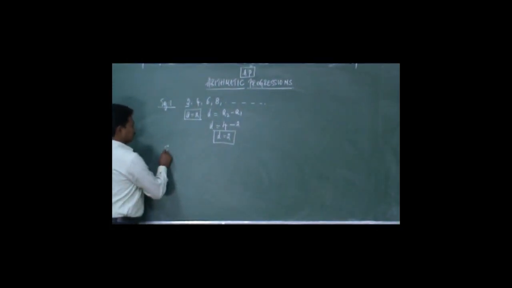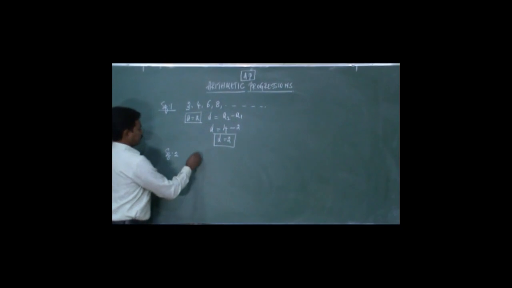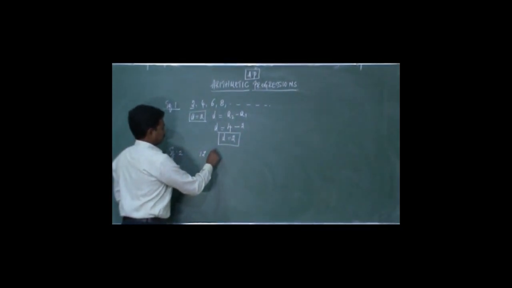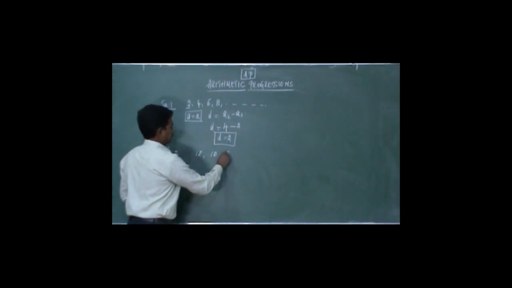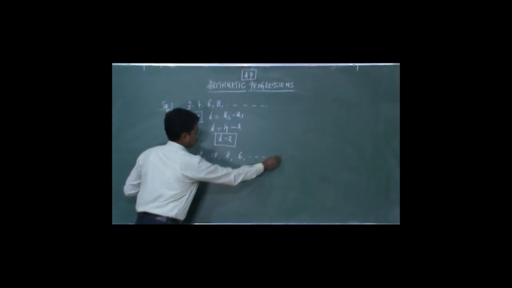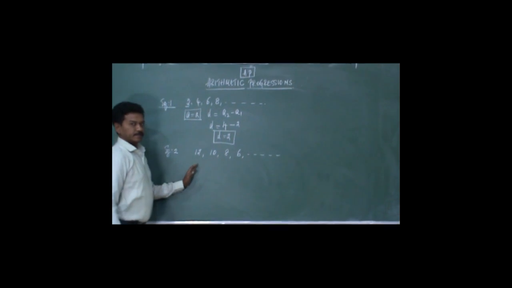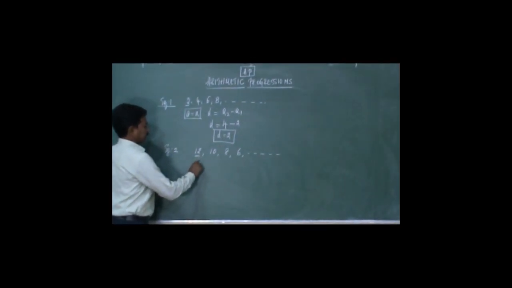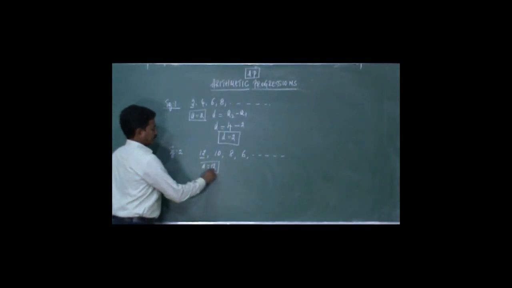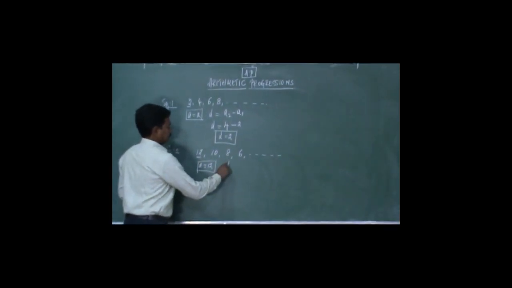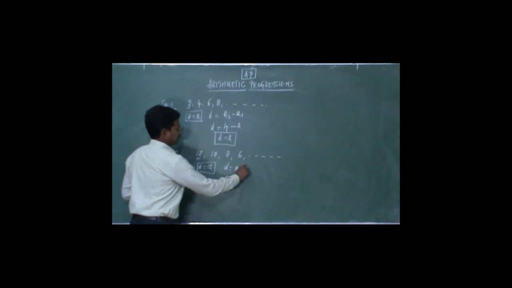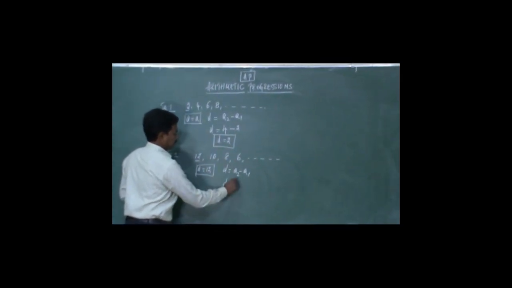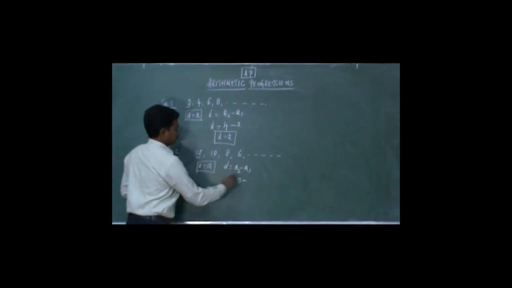Let us go with example 2: 12, 10, 8, 6, dot dot dot. So I have another AP here. In this arithmetic progression, by inspection we can write A is equal to 12, and let us find D. D is equal to A2 minus A1, where A2 stands for 10 and A1 stands for 12.